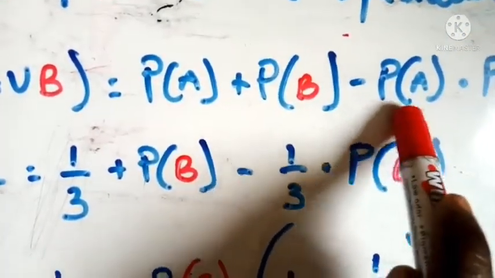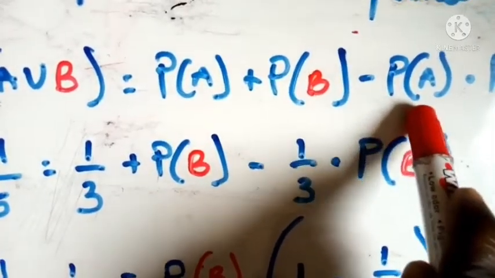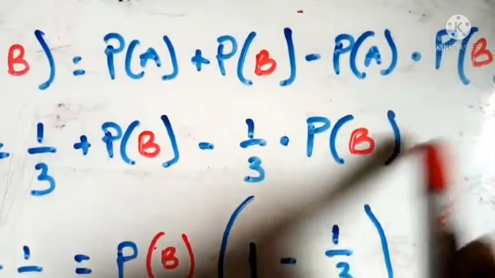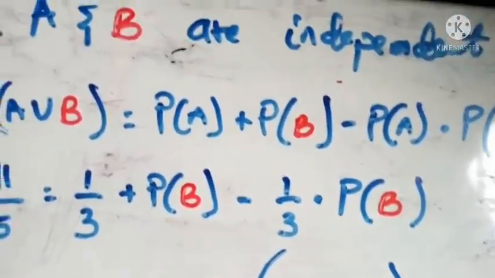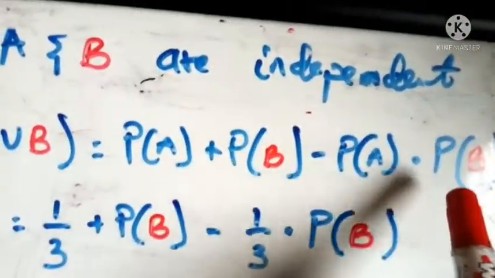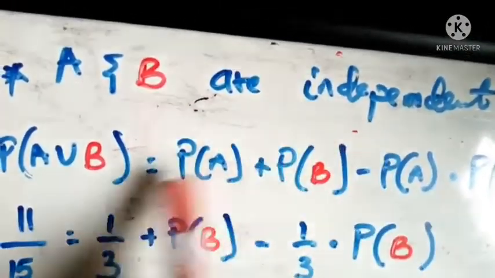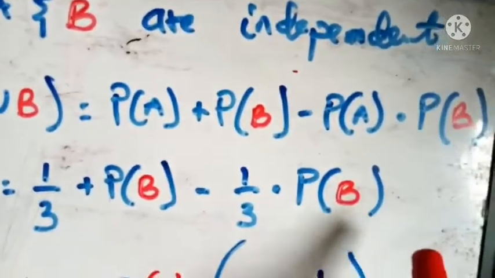Minus the chance of the first part, 1/3, multiplied by the second one. Is that okay? You just need this one to proceed. So when they say the two events are independent, this is what we mean by that.